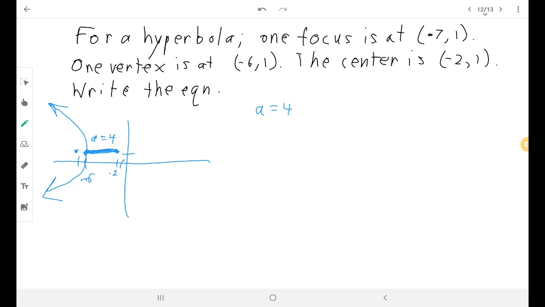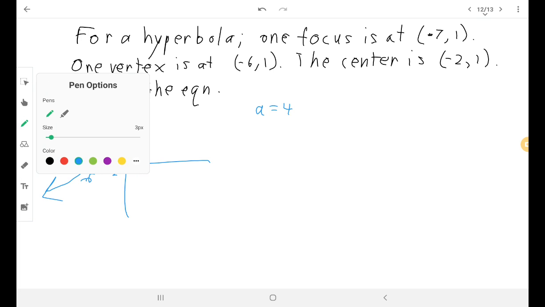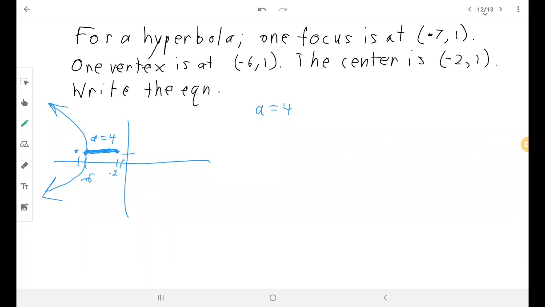How do we get B? Well, remember that, so from the center, there's going to be some mark for B, and then we're going to create some rectangle, and we have the other end of the hyperbola there, and another focus point there, with that B point up here and down here.